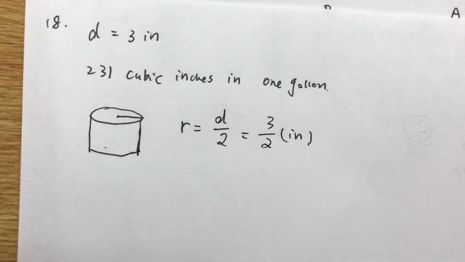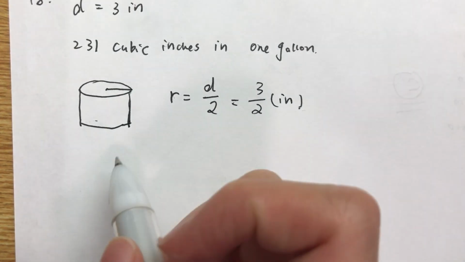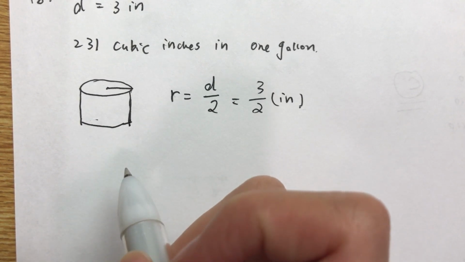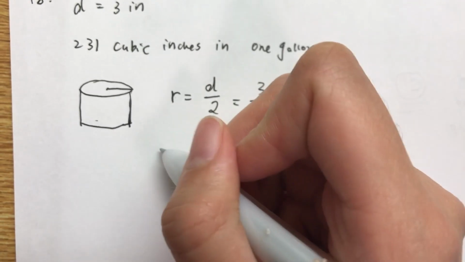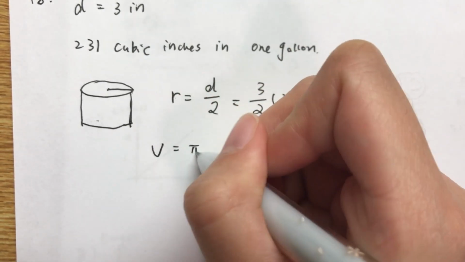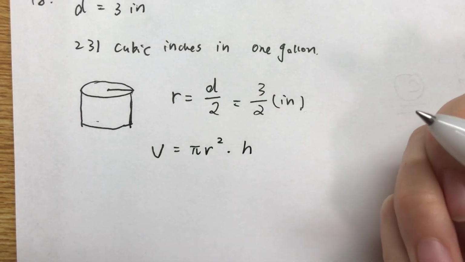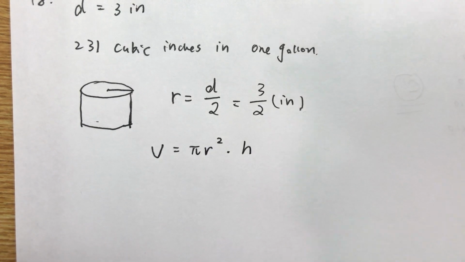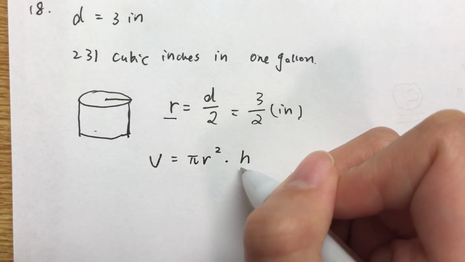So this is the R for the cylinder, right? And the first thing we need to find is the volume. So the volume for a cylinder is V equals pi r squared times height. Okay, so now we have found the R, and what is H?